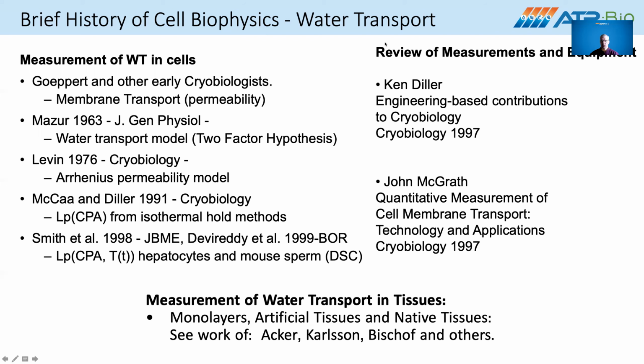There's also some nice reviews of measurement and equipment by Ken Diller and John McGrath, both published in Cryobiology in 1997. And a separate topic for another day is how do we extend this to measurement in tissues, because tissue-based cryopreservation is also a huge issue, an increasingly important issue.